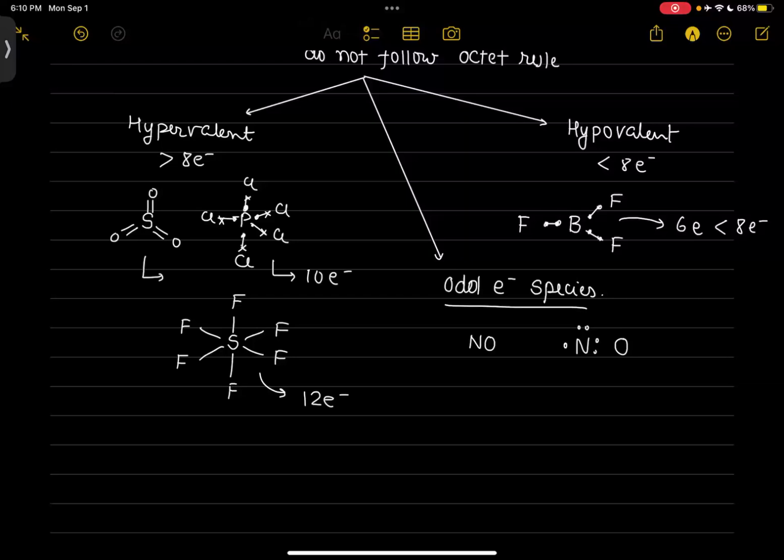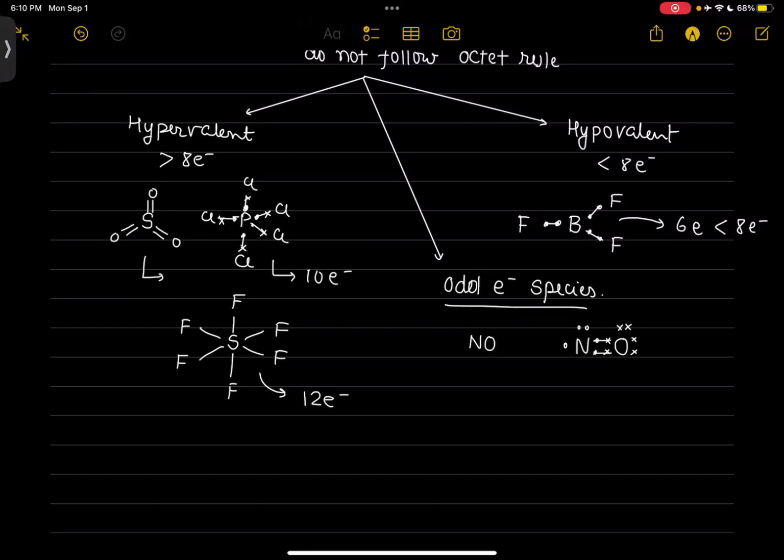Oxygen needs to bond 2 of its electrons to make it 8. Clear?